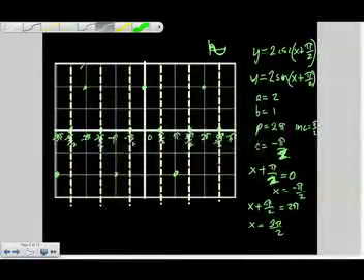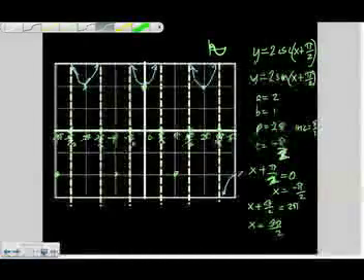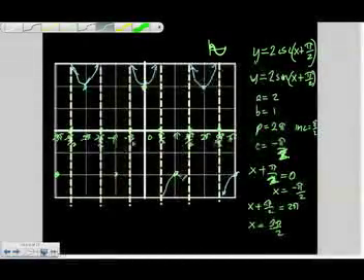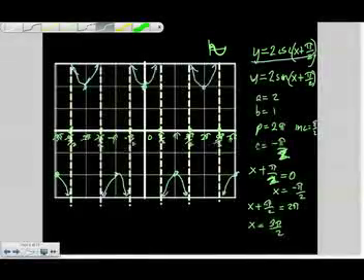So now I can just go ahead and graph my cosecant function. And that is y equals 2 cosecant x plus pi over 2.